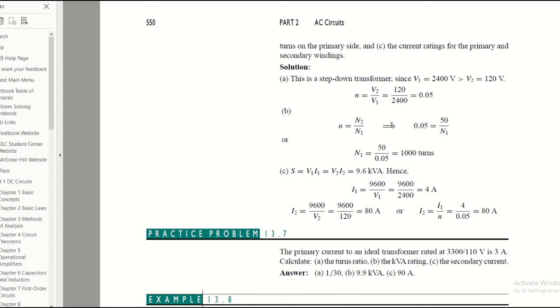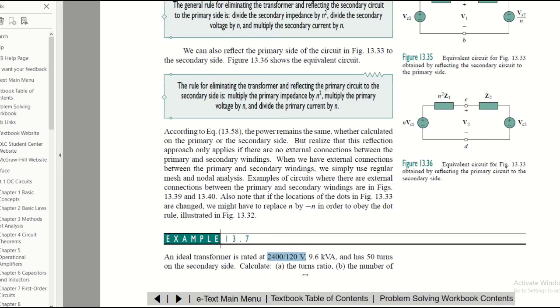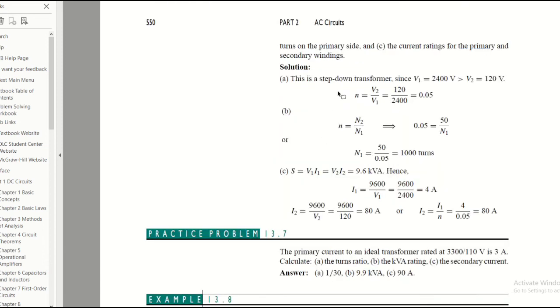And the second question, which is B, asks to find the number of turns of the primary side. We already know that the secondary coil has 50 turns, so we can use this equation where n equals N2 over N1.